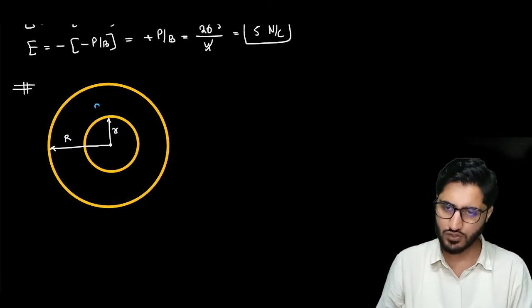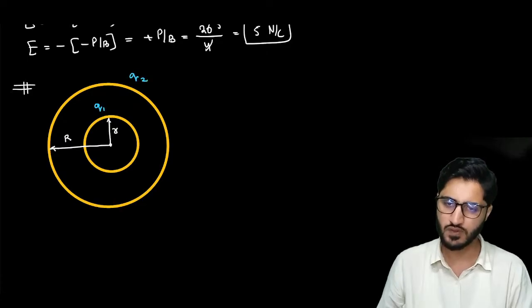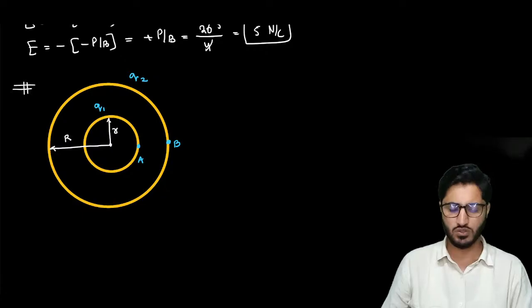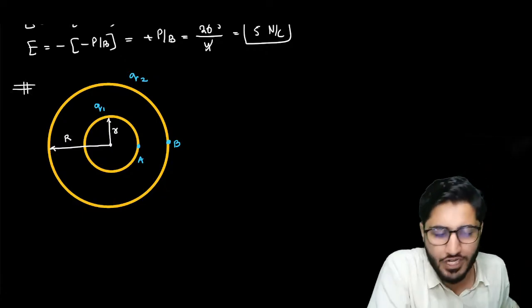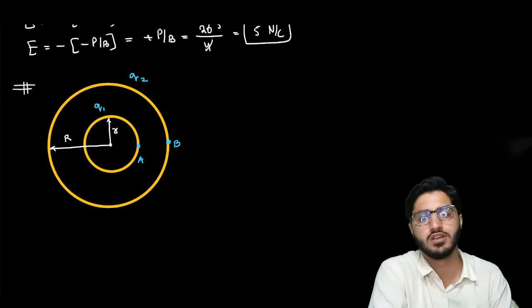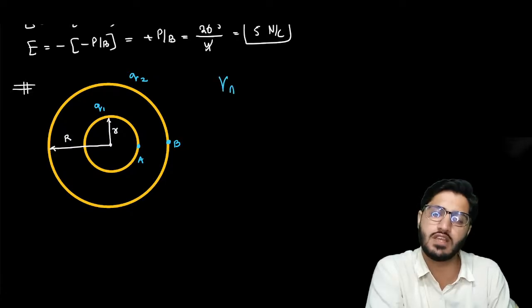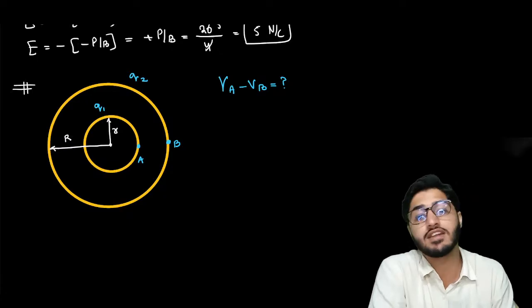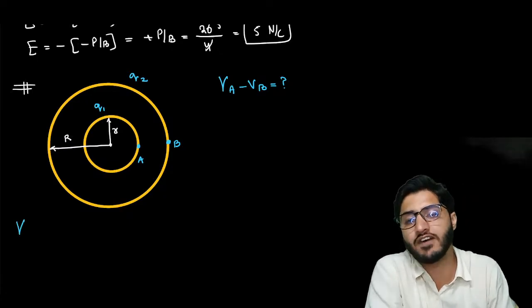Charge on the inner sphere is Q1, outer sphere is Q2. This one is point number A. This one is point number B. So we have to write the potentials VA and VB. So what we need to find? VA minus VB.